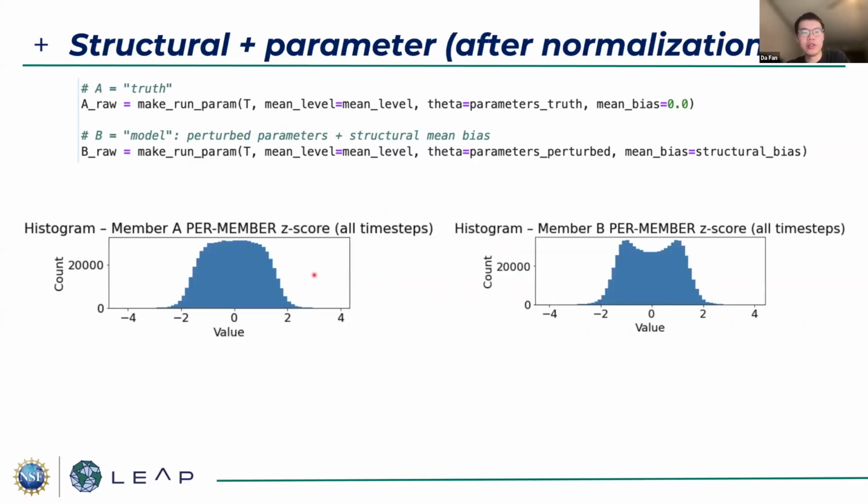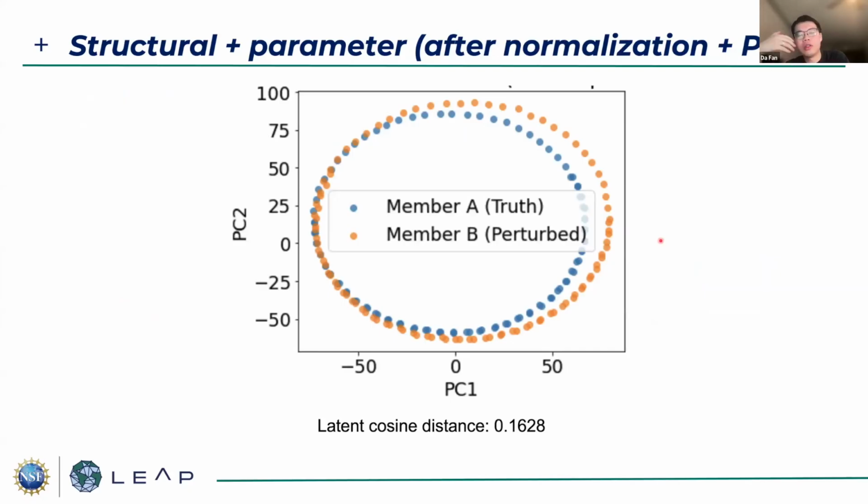And after normalization, we still see a Gaussian distribution for member A and a bi-peak distribution in member B. The latent representation of the normalized fields looks similar to the one with only parameter perturbation. You can see member B is in the inner circle, while member A is in the outer circle, and they have a cosine distance of about 0.16.